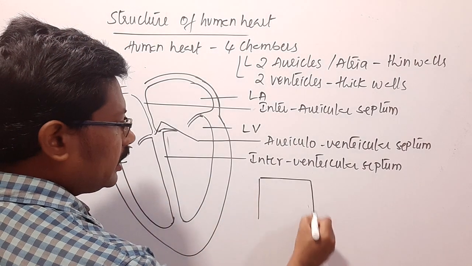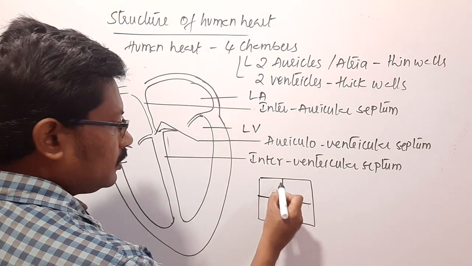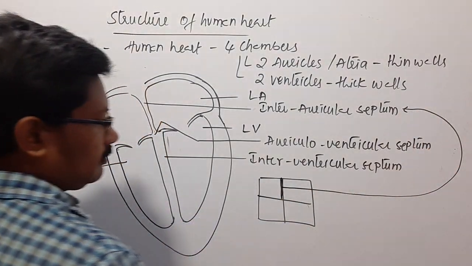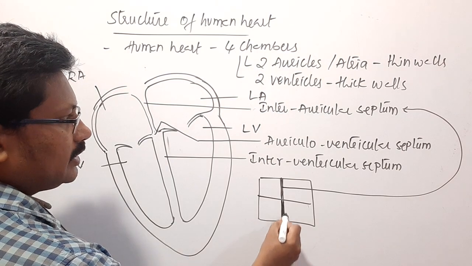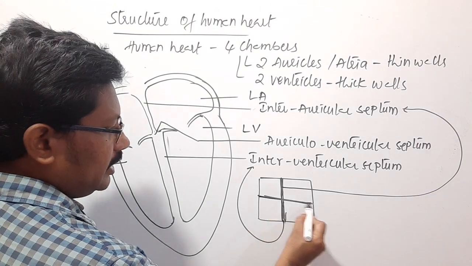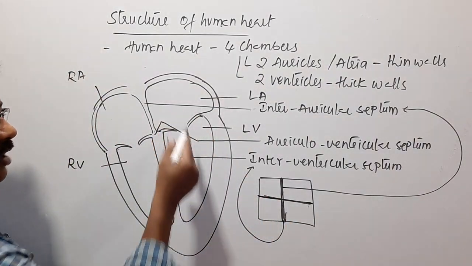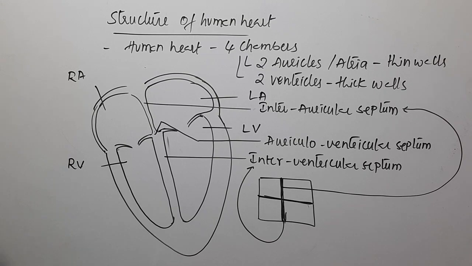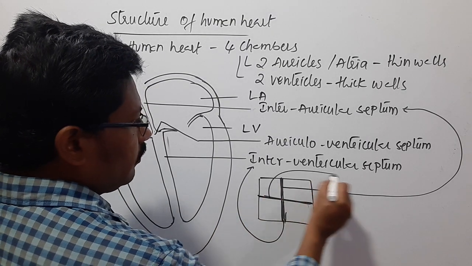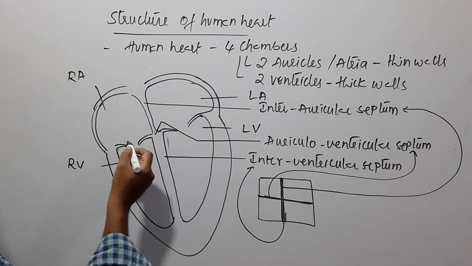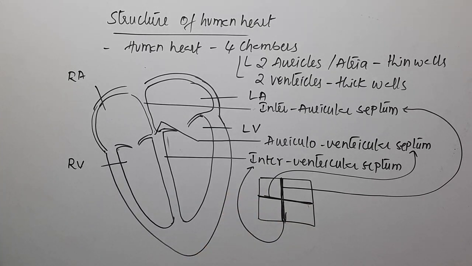If I draw it this way, this one is the interauricular septum, this one is the interventricular septum, and this one, separating the auricles and ventricles, is the auriculoventricular septum. You may not see it clearly, so I have drawn it here.